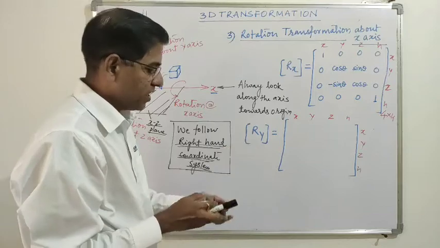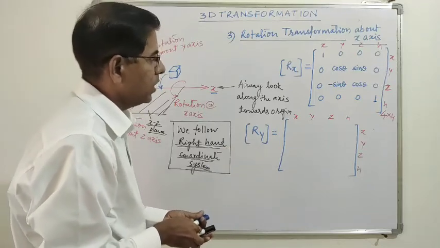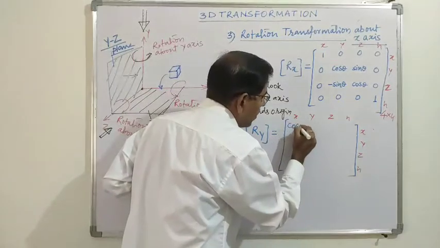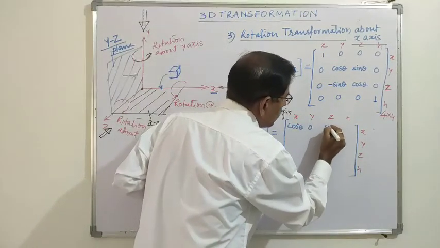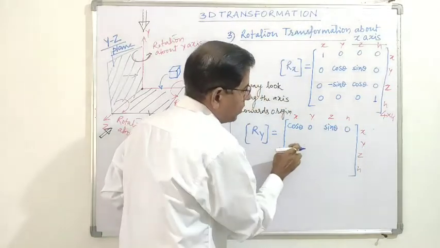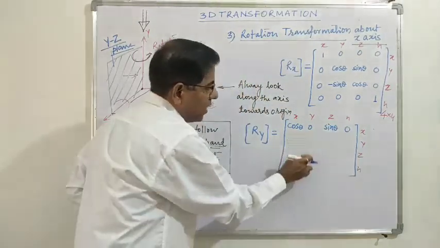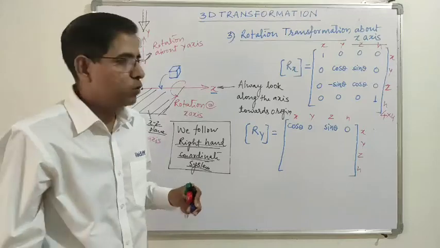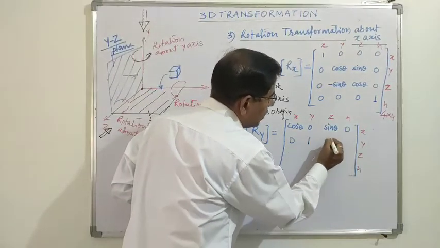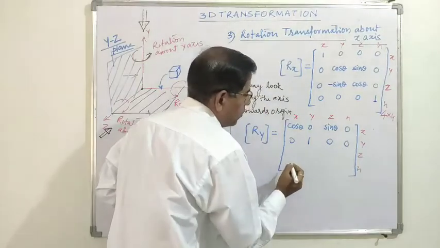So how does this rotation about y-axis matrix actually look? It will be cos theta 0 sin theta 0. Now there are no cos theta sin theta values in y positions, so it will be 0 1 0 0.